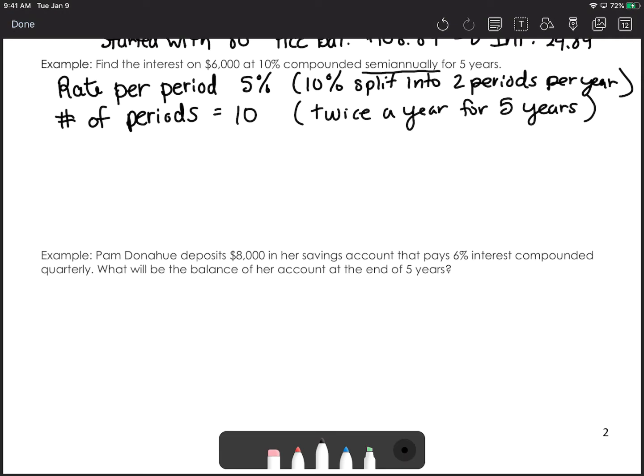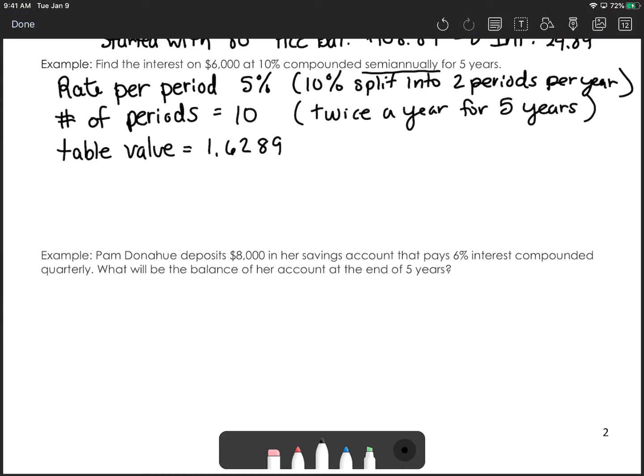When we find that table factor, or table value, it should say 1.6289. So this is what we're going to use to multiply by our principal.